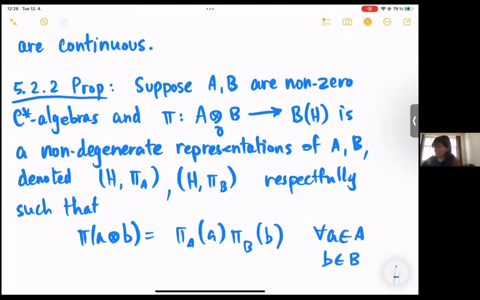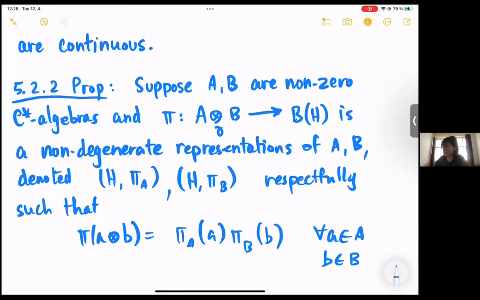So if we compare this to the similar things before, last time we had two representations of A and B, which were not necessarily on the same Hilbert space, and we were able to get a representation of the tensor product.